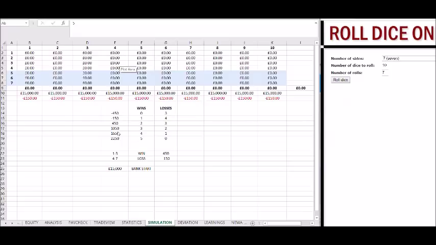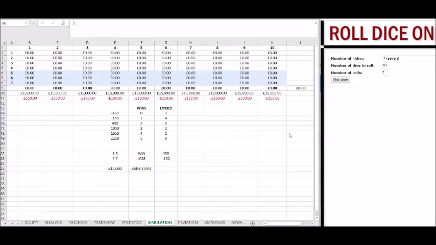But what you're going to see here is that as we move through each week, these figures are going to change dynamically as a result of the percentage being applied to a different bank size. Okay, so let's roll.